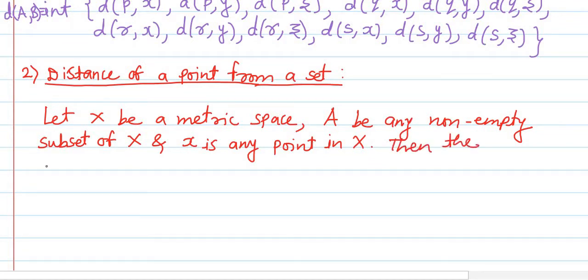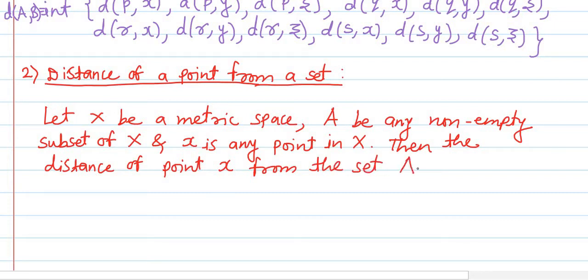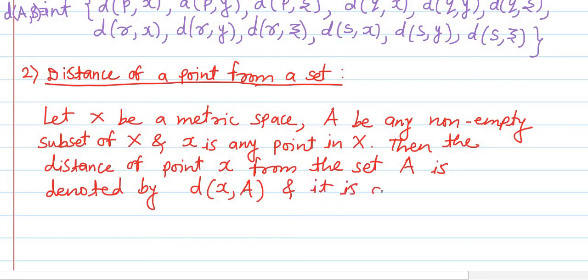Then the distance of point x from the set capital A is denoted by the notation d of x comma A. Here x is small as it is a point in the metric space.